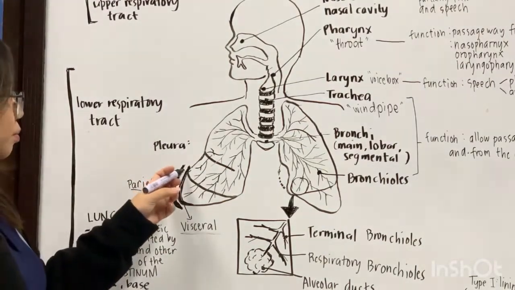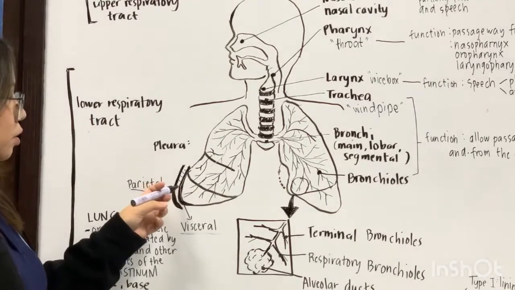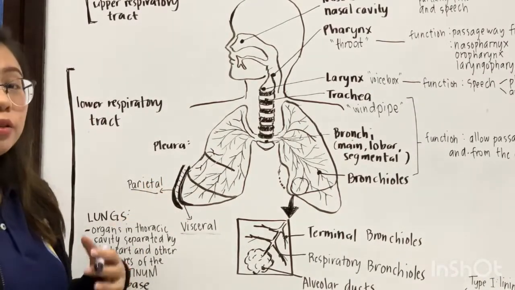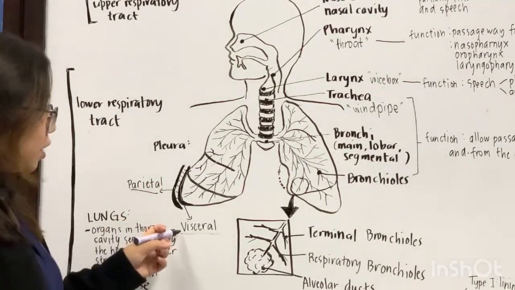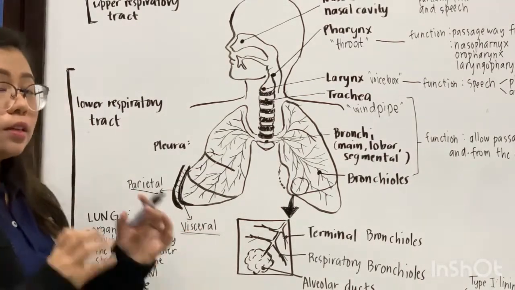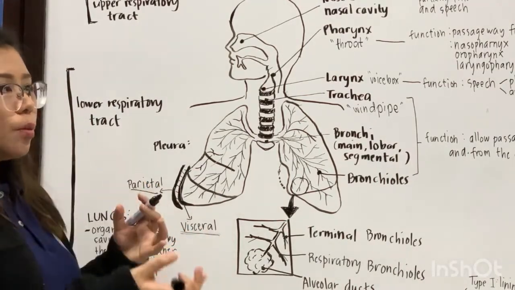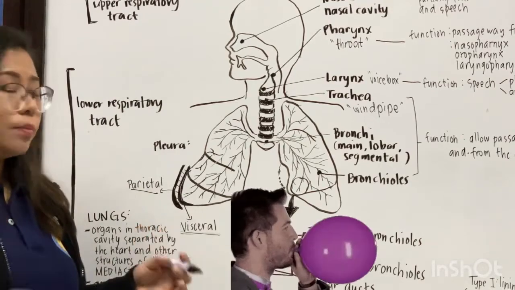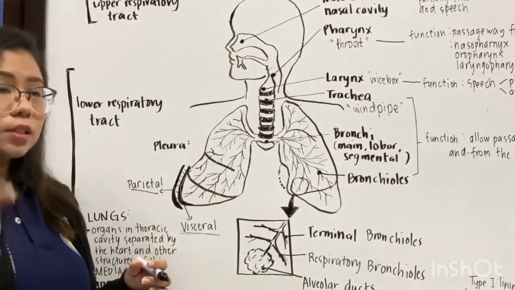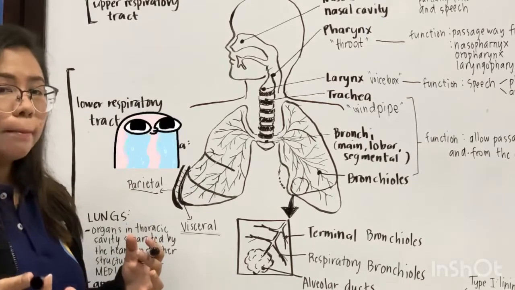Then you have a fluid here called your pleural fluid. Since your visceral pleura is located inside, it is more sensitive to stretch, while your parietal pleura, located outside, is more sensitive to pain.